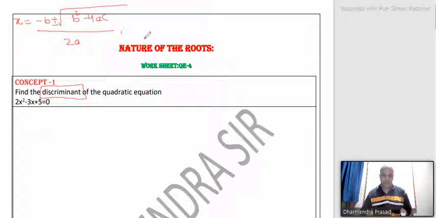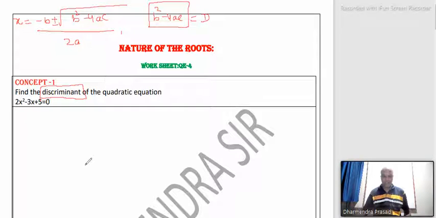This is the formula. This part, b square minus 4ac, decides the nature of the roots. This is known as the discriminant. In short we will write D.